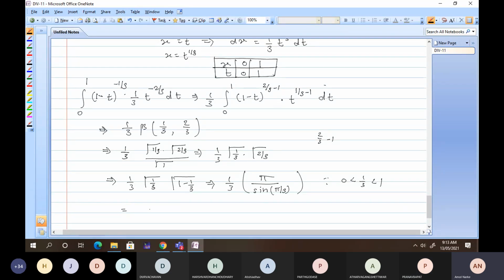And what is your final answer? What is the value of sine pi by 3? Root 3 by 2. Root 3 divided by 2, so that 2 comes in the numerator. So 2 pi by 3 root 3. That is nothing but your answer.